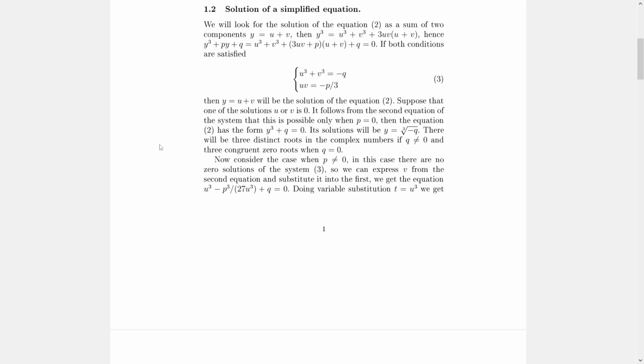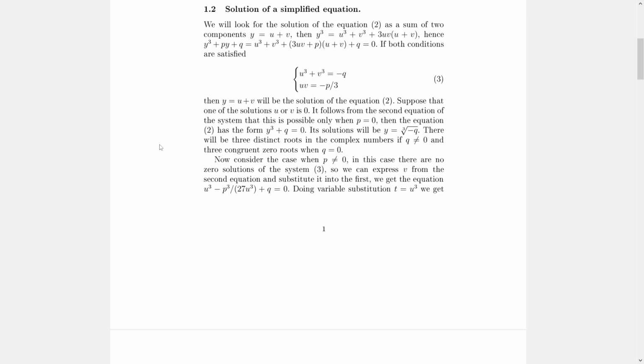Now consider the case when p is not 0. In this case, there are no zero solutions of our system. So we can express v from the second equation and substitute it into the first. We get the equation u cubed minus p cubed divided by 27u cubed plus q equals 0.